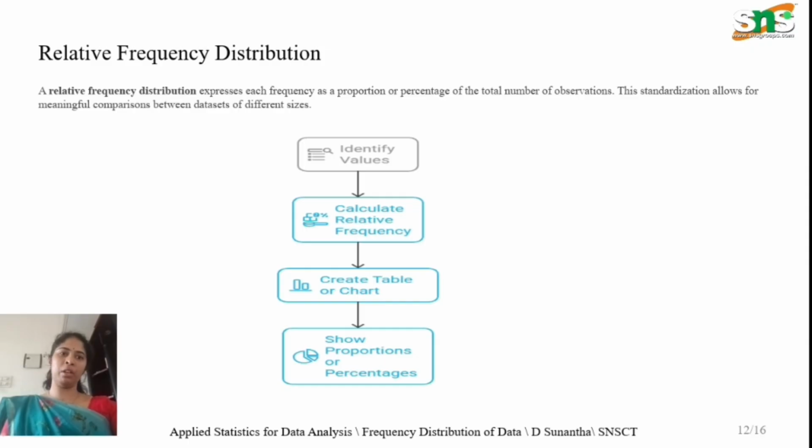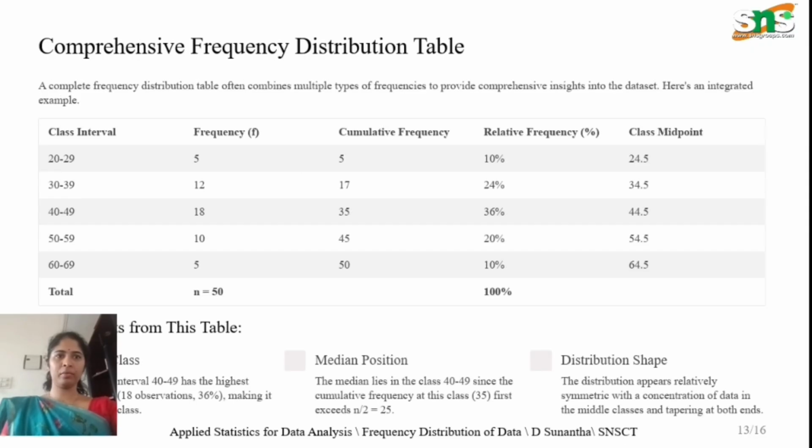Next we will frame the relative frequency. Then charts can be made. After that, percentages can be made. So this is the comprehensive frequency table in which we can see the frequency calculation, cumulative and relative frequency calculation and the midpoint also. From the last one we can find the median of this portion.